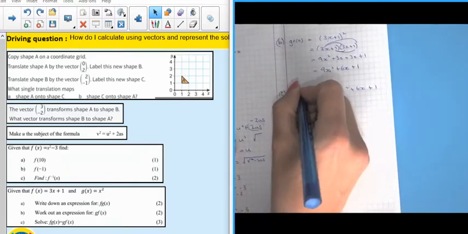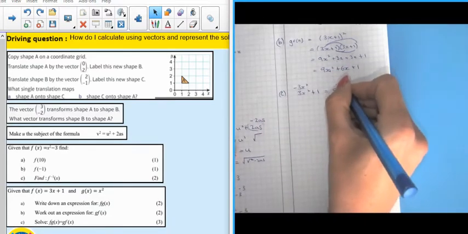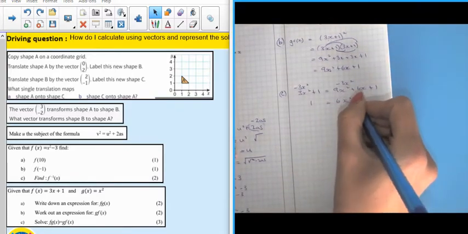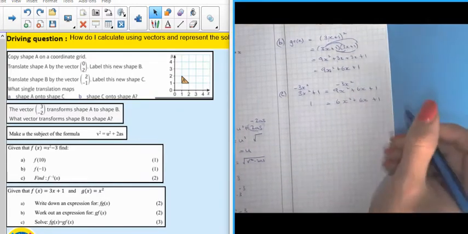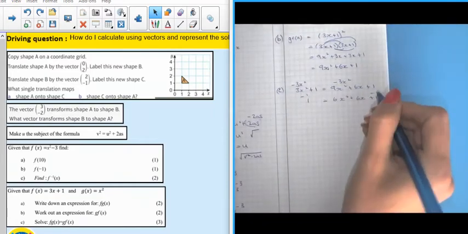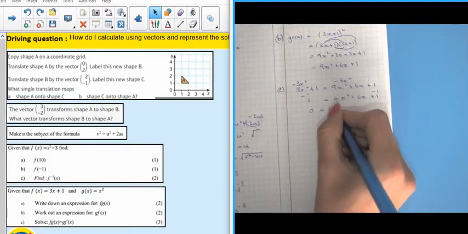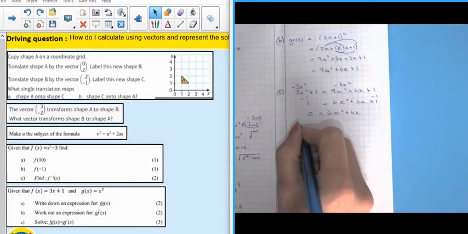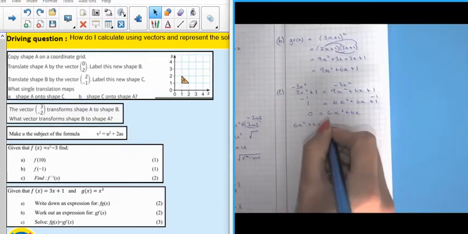I want to remove this 3x squared, so I'll subtract that from both sides. I'll end up with 1 equals 6x squared plus 6x plus 1, and I want to subtract the 1, so I'll end up with 0 equals 6x squared plus 6x, or 6x squared plus 6x equals 0.